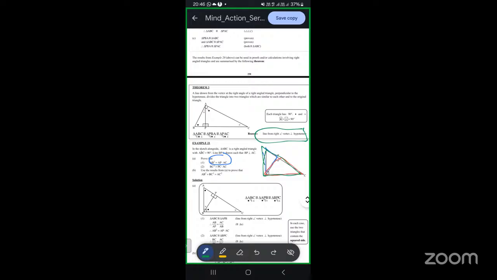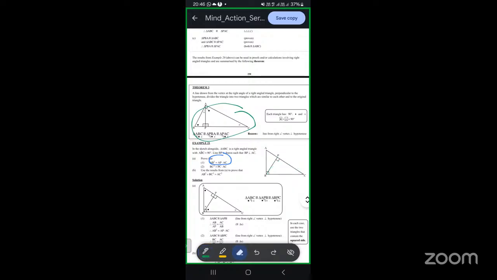So now, if you are sure with your similarities, because it was proven using that theorem there, now you can come to your triangles. I've got triangle ABC here. I also have triangle APB here, and then I also have triangle PAC.